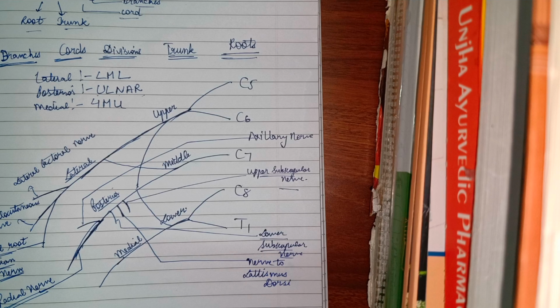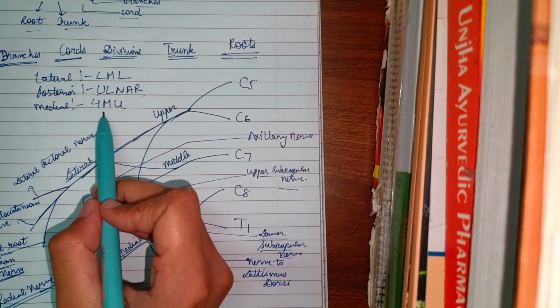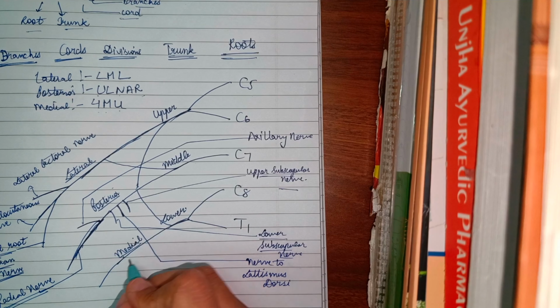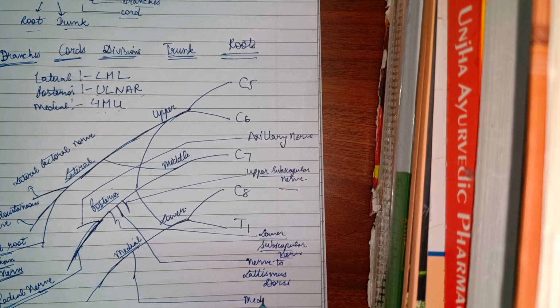Now the branches that arise from medial cord are 4MU. First M stands for medial pectoral nerve. Medial pectoral nerve. And second M stands for medial cutaneous nerve of arm.